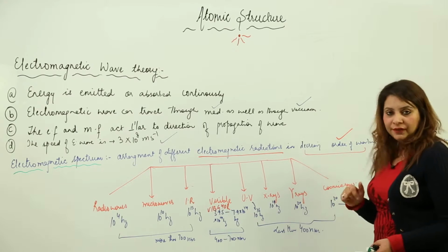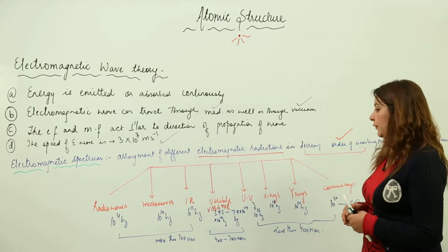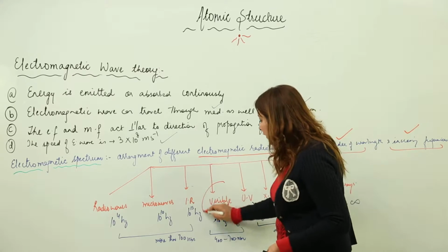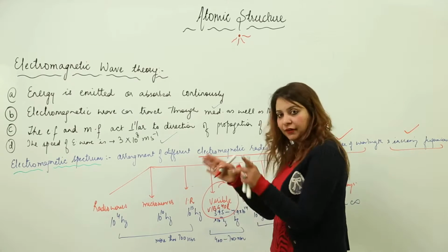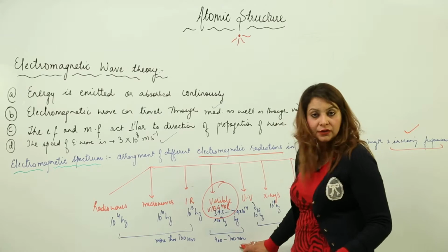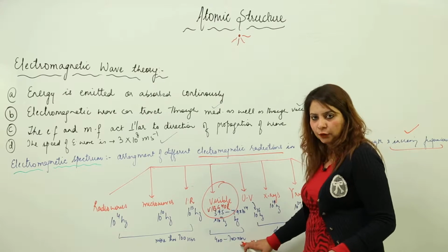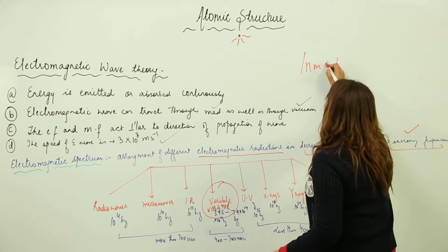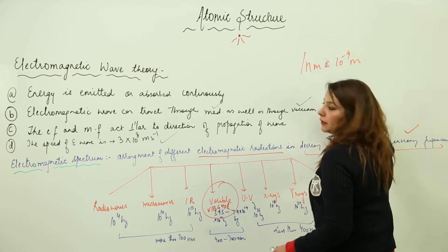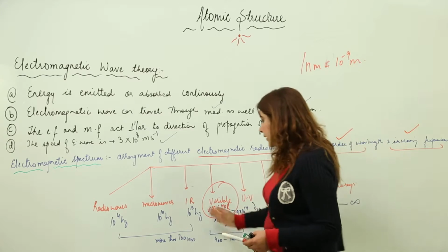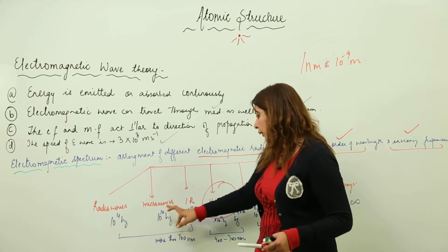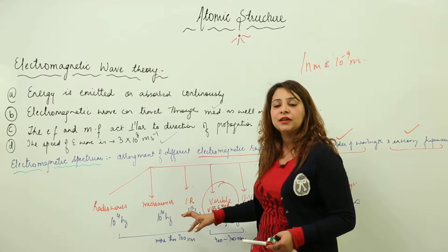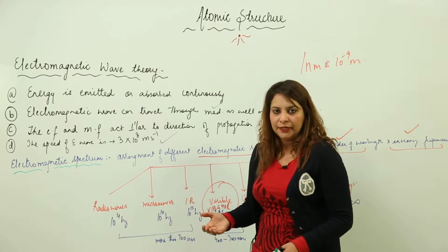If we look at the wavelength, obviously there will be a decrease in wavelength. The visible region has a wavelength range between 400 to 700 nanometer. It is measured in nanometer, and 1 nanometer is equal to 10 raised to power minus 9 meters, right? The radio waves, microwaves and infrared possess wavelength more than 700 nanometer.